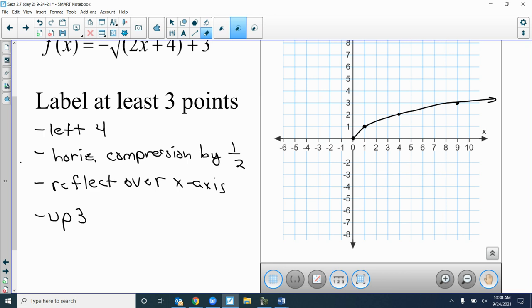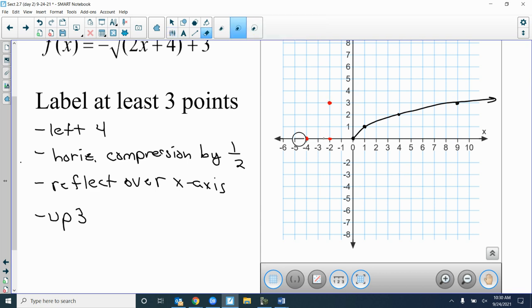So 0, 0 moves left 4. I'll go back and erase these. So it's at -4. Compress it by a half. So where's it going to take it to? -2. Reflect over the x-axis. Well, I'm on the x-axis, so there's no reflection. And it goes which direction? Up 3. So I go up 1, 2, 3.